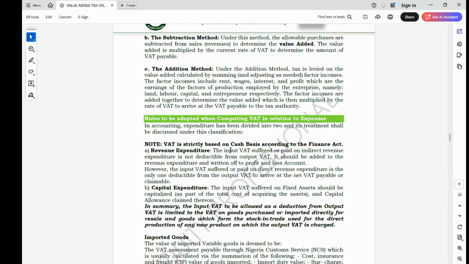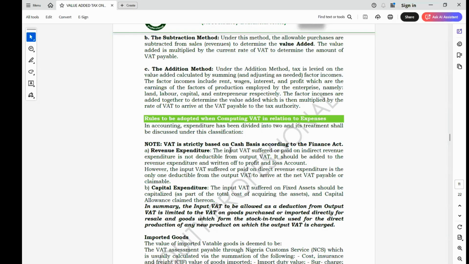Please, when you are computing value-added tax, only the direct revenue expenditure will be part of the input VAT that will be deducted from our output VAT. Only direct revenue expenditure. The indirect revenue expenditure will not be part of the input VAT because that indirect expenditure will be added as part of the cost of the expenditure, and it will be written off to the profit or loss account as an expenditure.